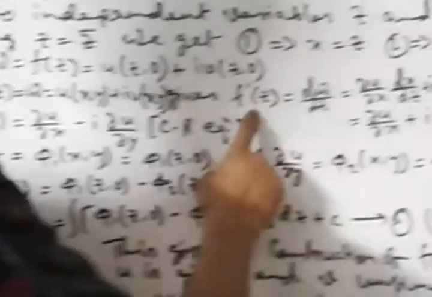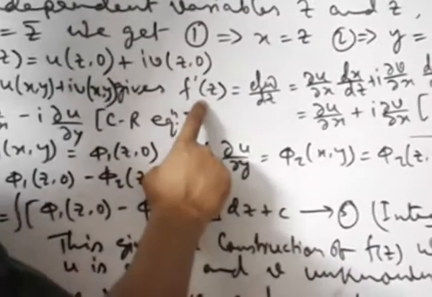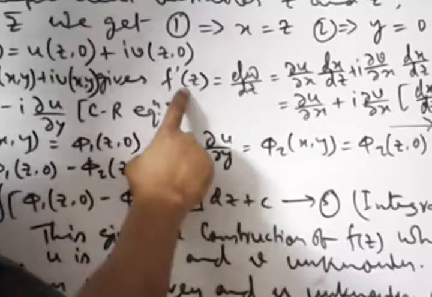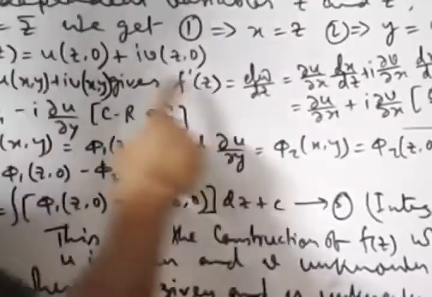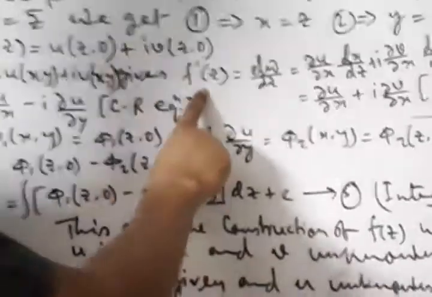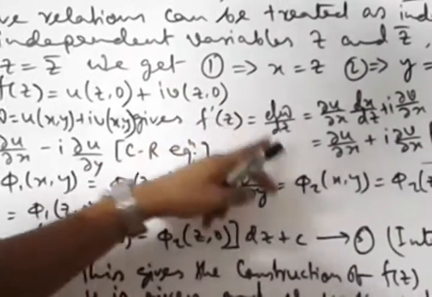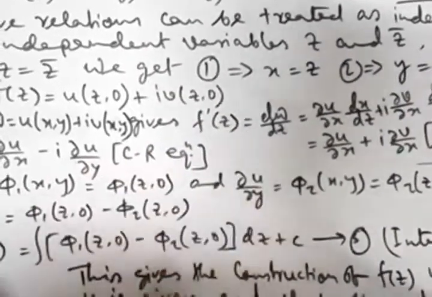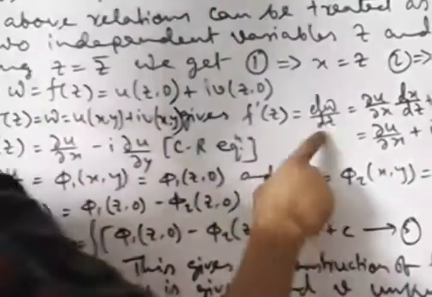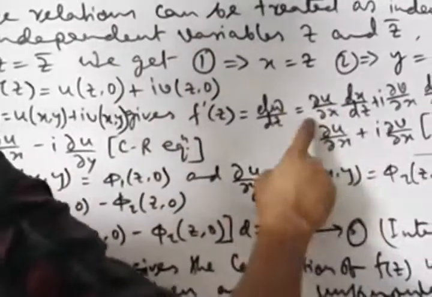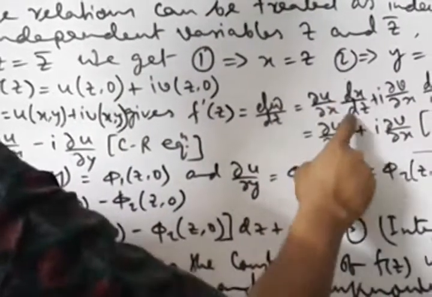So by taking the first derivative of this function, we get f prime(z), that is dw by dz. See here, w is equal to u plus iv. If we differentiate this with respect to z, then we get dw divided by dz is equal to del u by del x dx by dz.